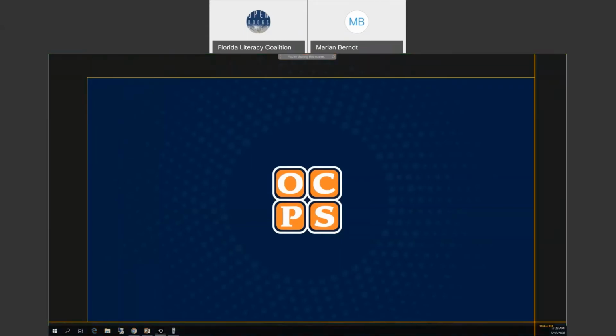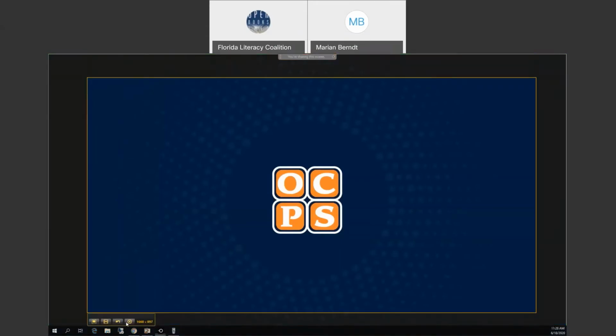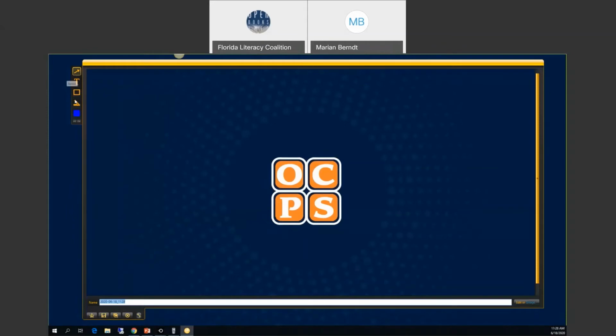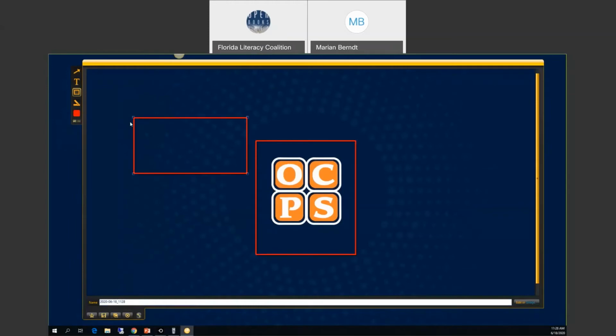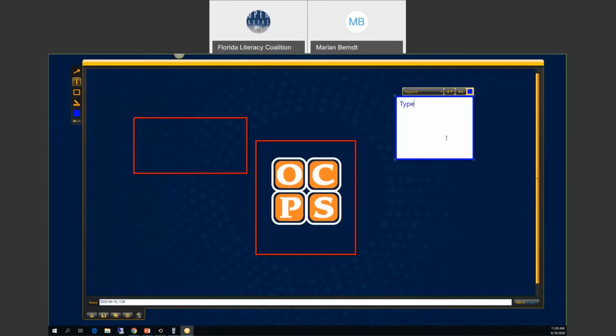The reason that I like this better than other screen capture software is that when I capture the image, I can use these little tools on the side. I can put a box around something, change the color. I can add a text box and add notes to it.